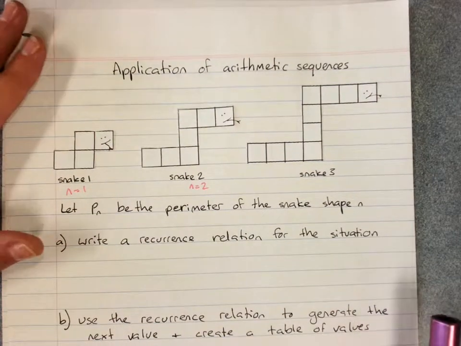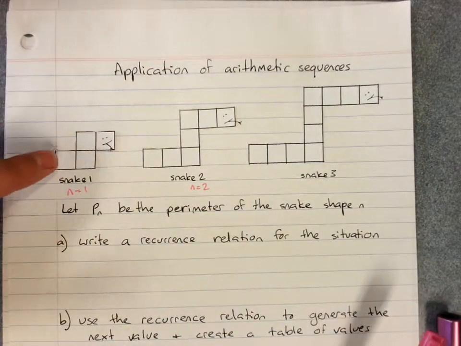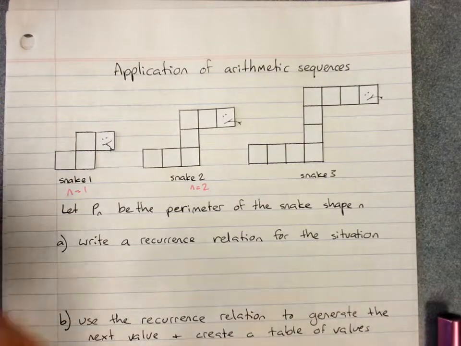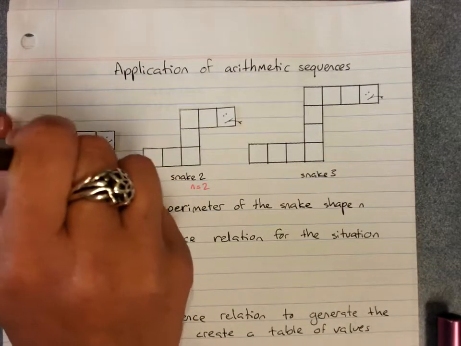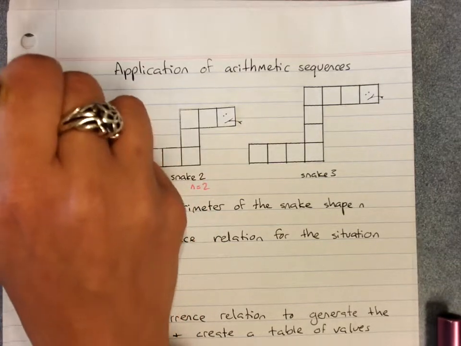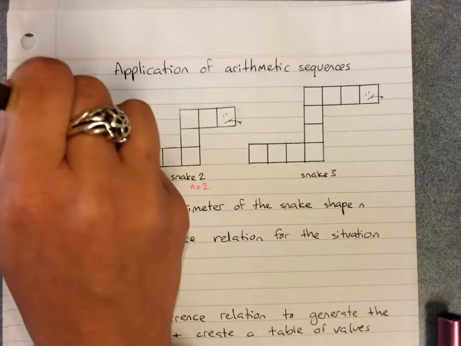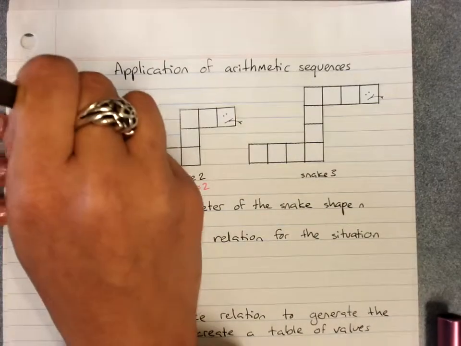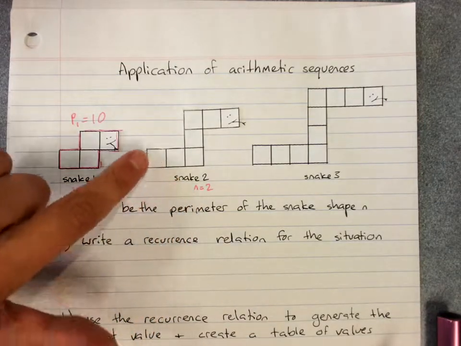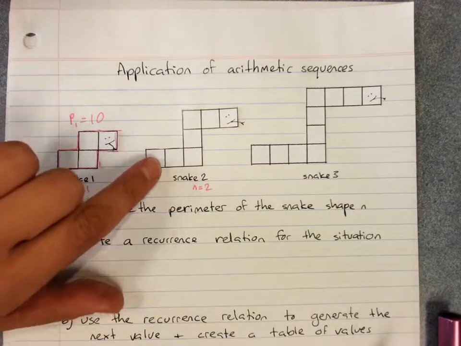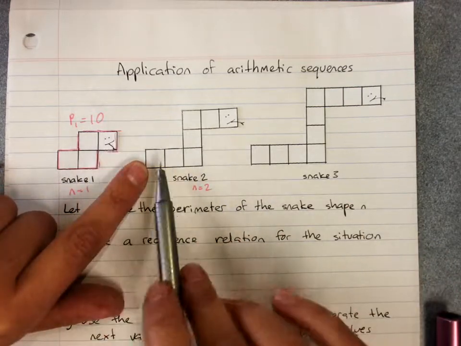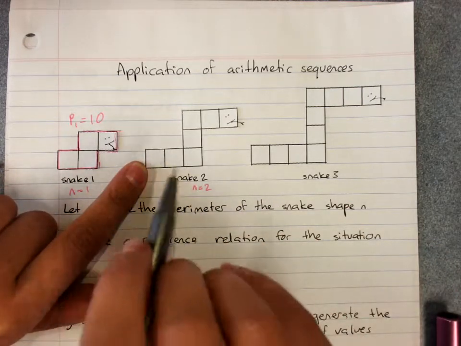So if you're asked to deal with this, obviously the first thing you want to do is just work out the perimeter of one shape. So perimeter 1 is 10. Now you could just work out the perimeter of this one by counting, but you could also identify what's being added in each situation.